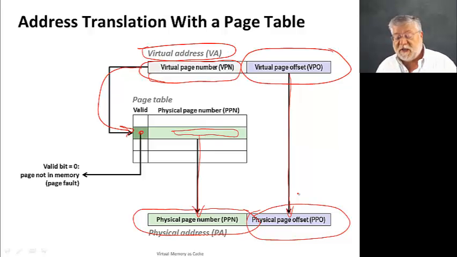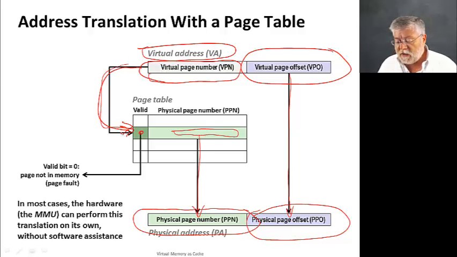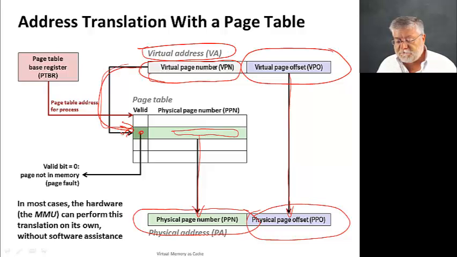Now, where do we go find this page table, though, to go look up that virtual page number? Well, to do that, we're going to use what's called a page table base register. This is a special register that the CPU is going to maintain for a process, which has these values put into it by the runtime system, by the operating system, of where this page table is resident in memory.